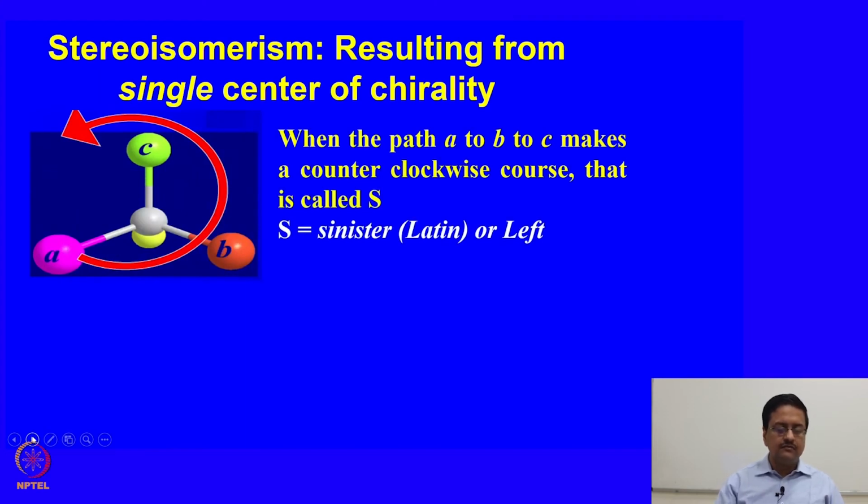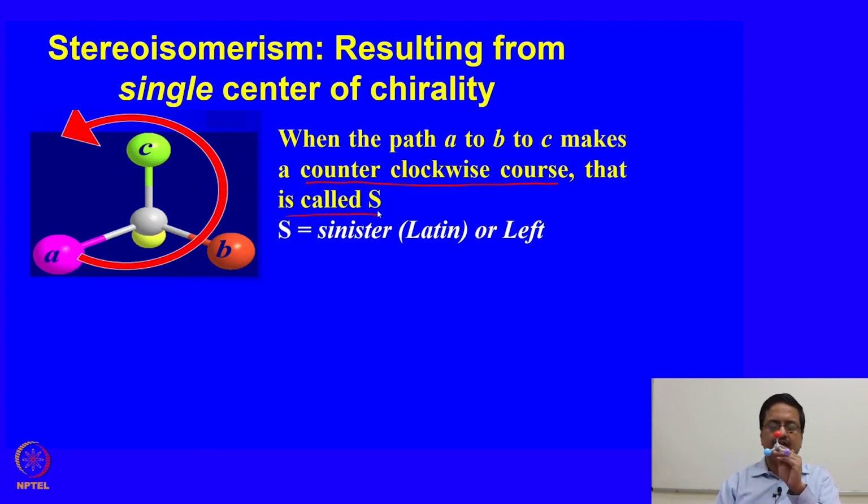So when the path A to B to C makes a counterclockwise course, that is called S. In this particular case, it is the opposite. If I say that the red is 1, blue is 2 and this violet is 3, then 1 to 2 to 3 is anti-clockwise.